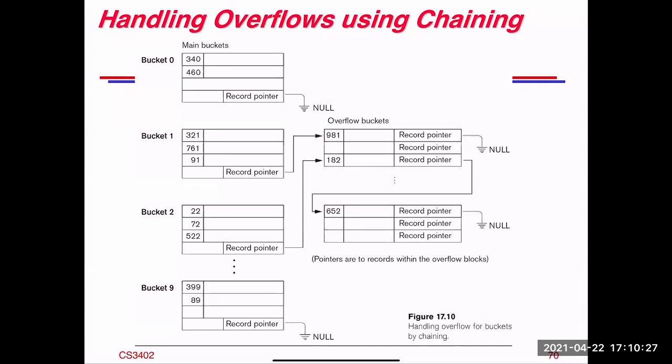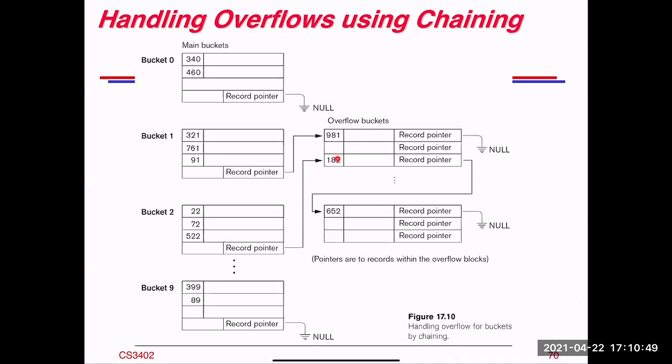Okay, so for instance here, all of these items were hashed to the same bucket number 2, and also this item 182 will be hashed to bucket number 2, but it was full. So we need to let our record pointer here for this bucket point to some overflow bucket, and not just to some overflow bucket, but to actually a record in the overflow bucket.